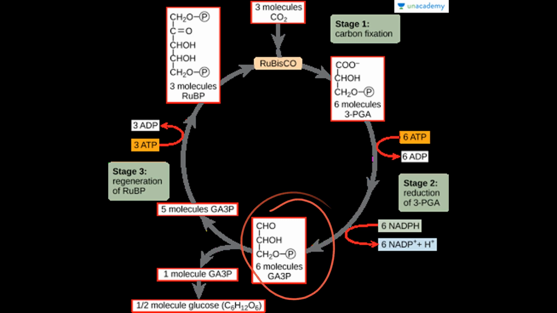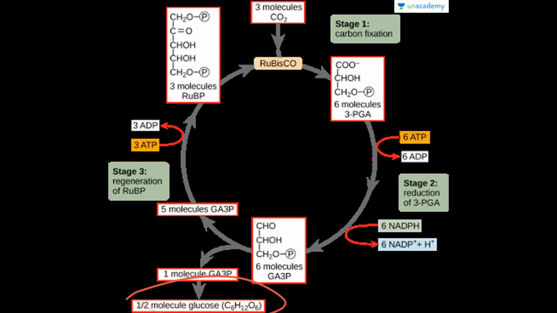Now after formation of 6 molecules of phosphoglyceraldehyde, 1 molecule moves out of the Calvin cycle, and this molecule helps in formation of half a molecule of glucose.